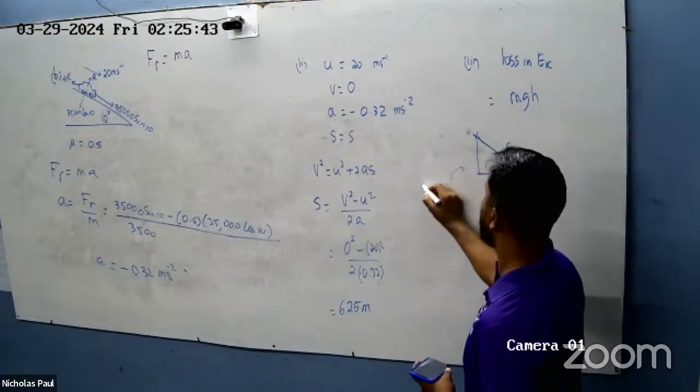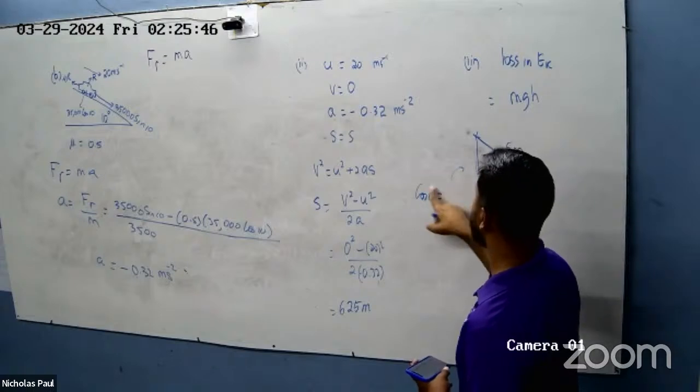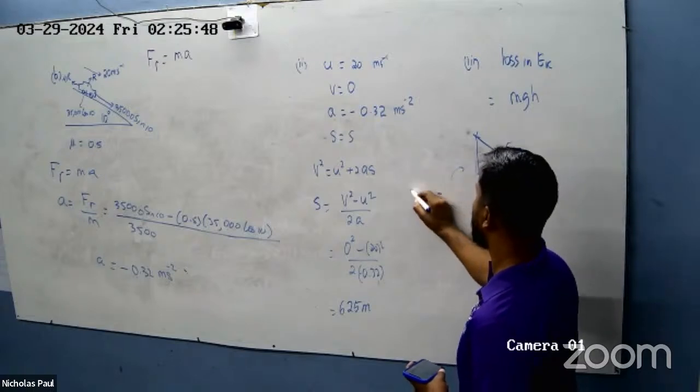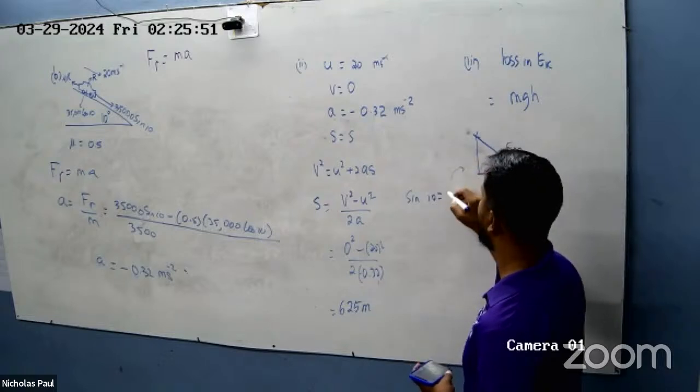Cos? You would use sine 10, sorry. Sine 10 is equal to opposite over hypotenuse.